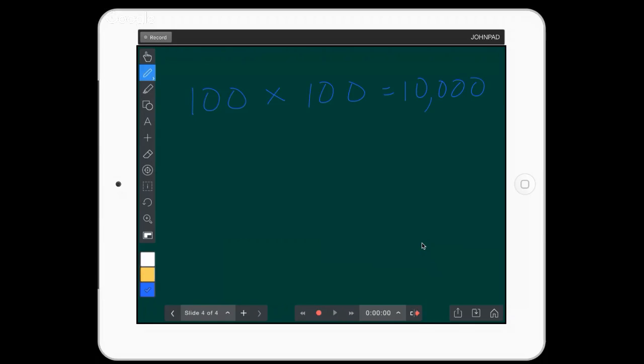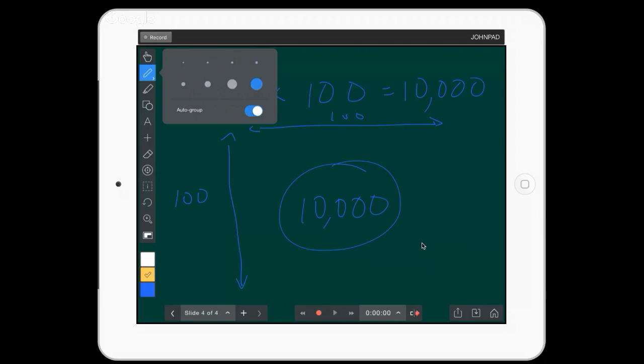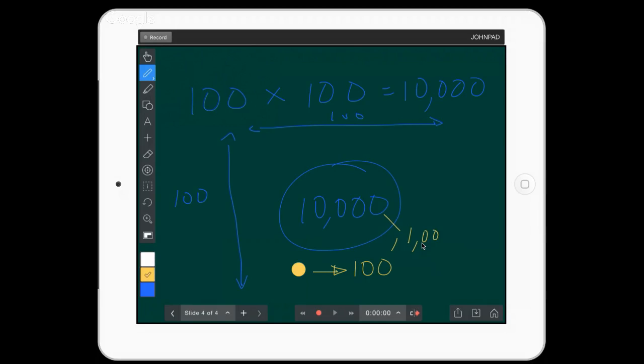But if you had something that was 100 by 100, so in other words, you had something that had 10,000 dots, and you were then to replace every single dot with 100 dots in your grid of 10,000, then and only then would you have 1,000,000.